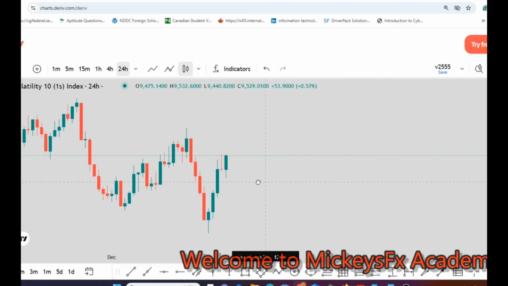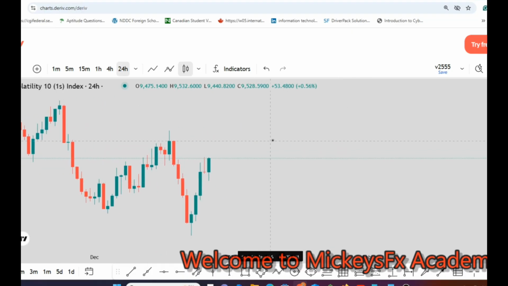Time frame alignment is when you are doing your analysis on the higher time frame. The time frame for your entry, or the structure for your entry, is supposed to align with that higher time frame. Like if you're analyzing the chart with the weekly time frame, your entry time frame is supposed to be the 4 hours.